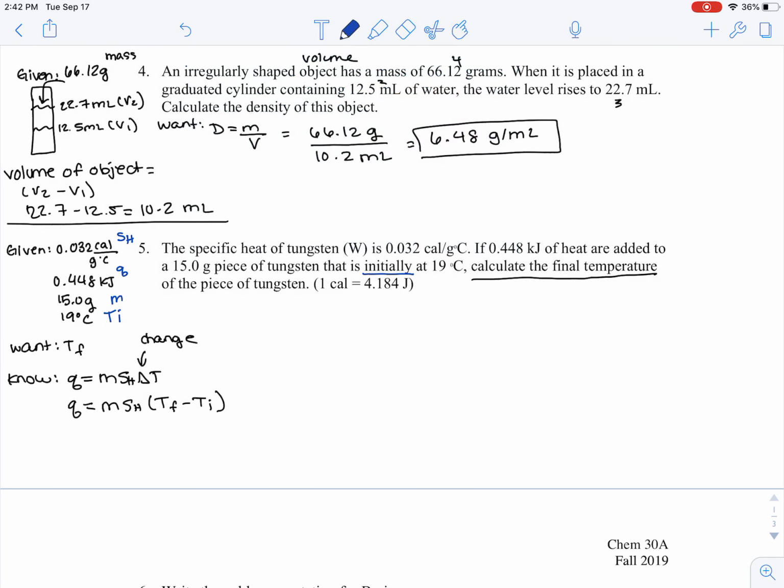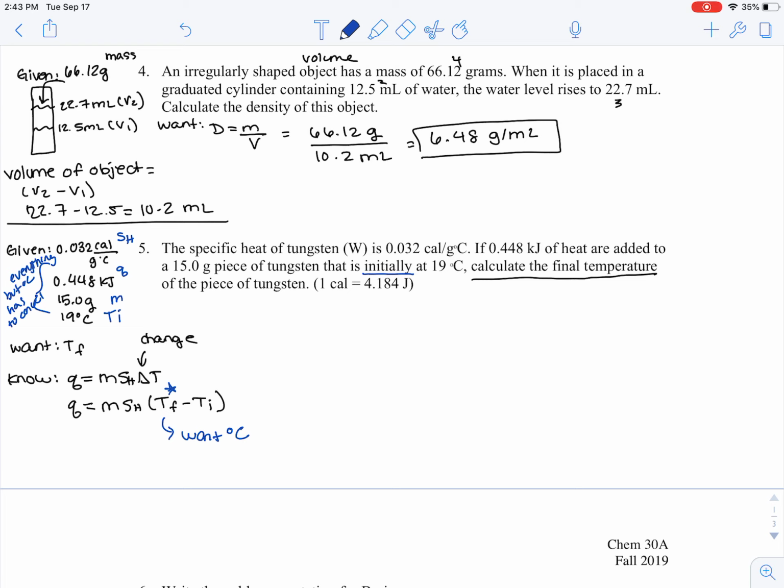We need to solve for final temperature. Before doing that, you have to make sure that all of your units are accurate. Because you want temperature, you want degrees Celsius. So looking at all of these, everything but degrees Celsius has to cancel.